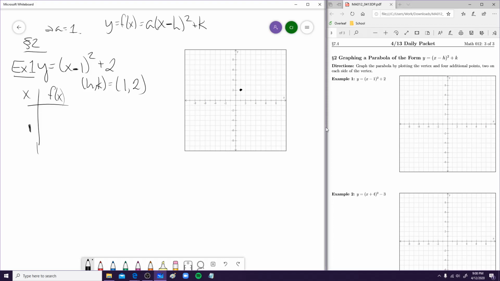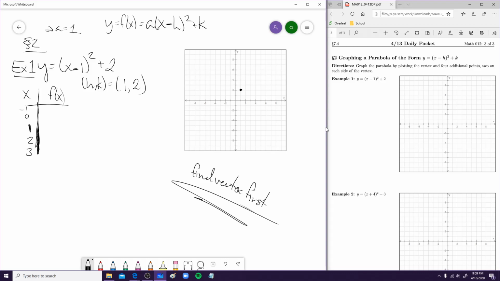To the left of 1 is 0 and -1, and to the right is 2 and 3. So that's what you have to do with way 1. Way 1, way 2, no matter what, you always have to find the vertex first.